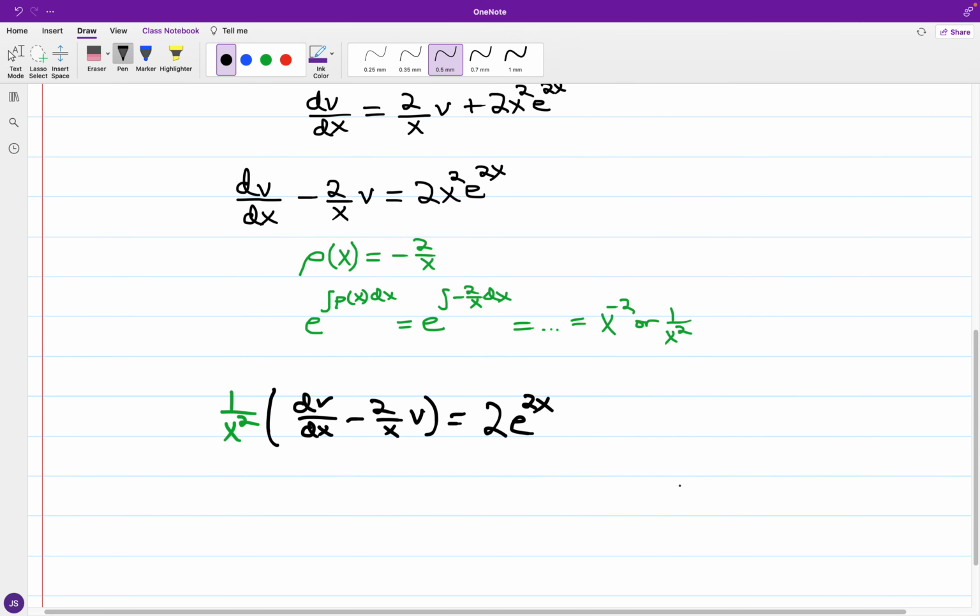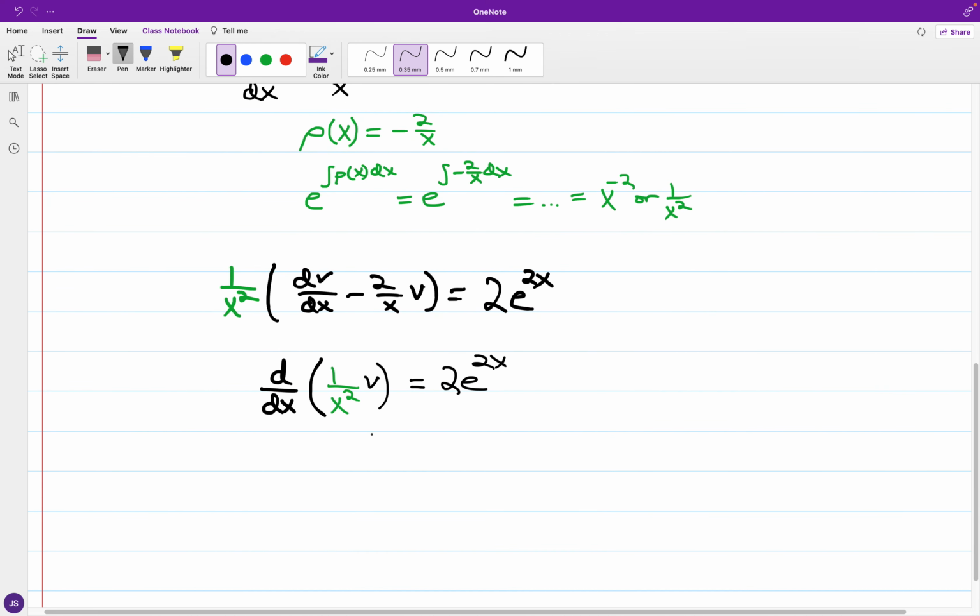The product of the left-hand side and the integrating factor is going to be the product rule expansion of taking the derivative in x. Once again, I'm multiplying the integrating factor by the dependent variable, which we have at the moment as v. And we have again is equal to 2e to the 2x.